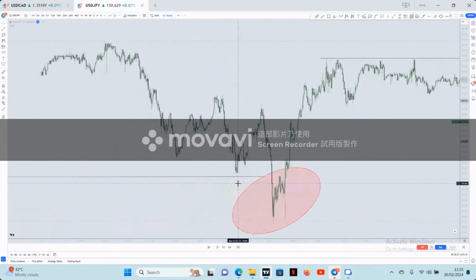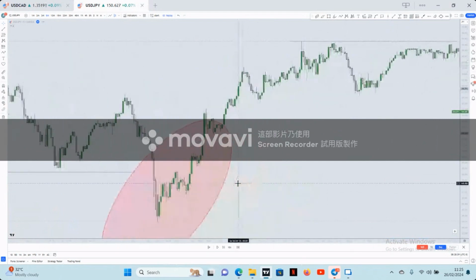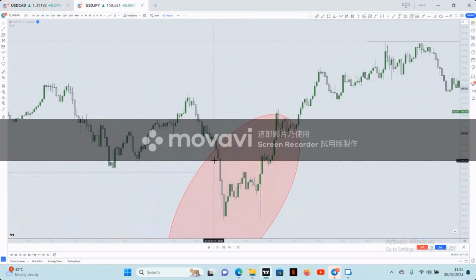The same thing happened here. After the sweep, we had this high, low, high break. So this would be our entry point. You get it now? Yeah, sure.